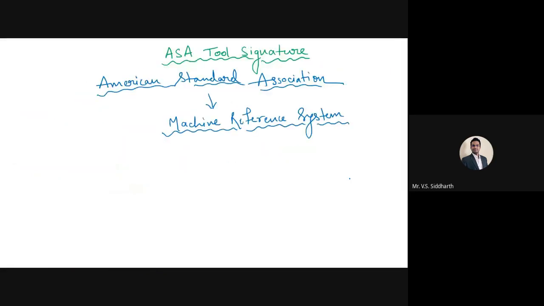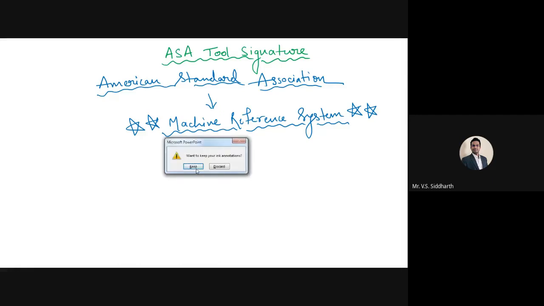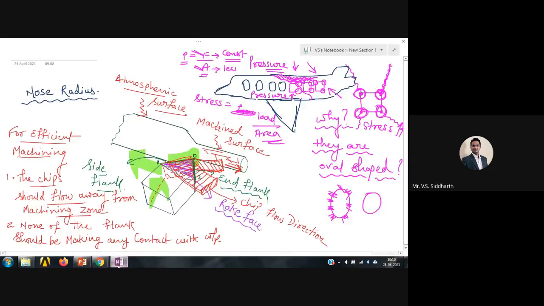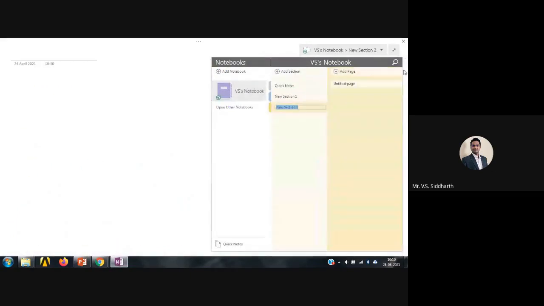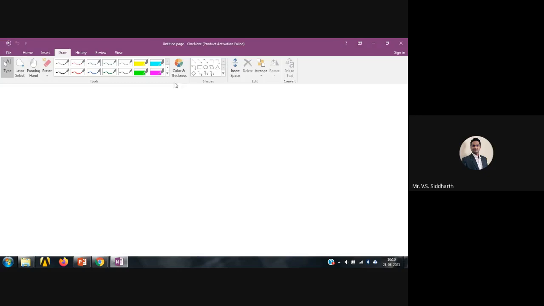But how this tool signature came, that we will understand with the help of a diagram. And this ASA tool signature is based upon the machine reference system. Okay. Now, what is this machine reference system? I will draw a diagram. All of you observe carefully.